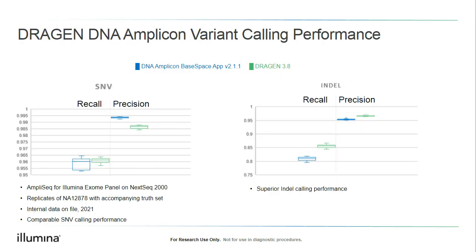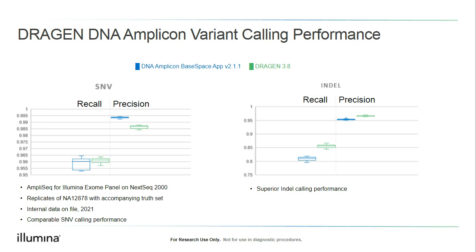Here is some benchmarking that we have done. On BaseSpace today, we have a DNA Amplicon BaseSpace app, and we have compared the accuracy of that app with DRAGEN 3.8. Here we are looking at the SNP and the indel accuracy for recall and precision. You can see that the recall and precision between the two apps for SNPs is very close. The y-axis is extremely compressed.